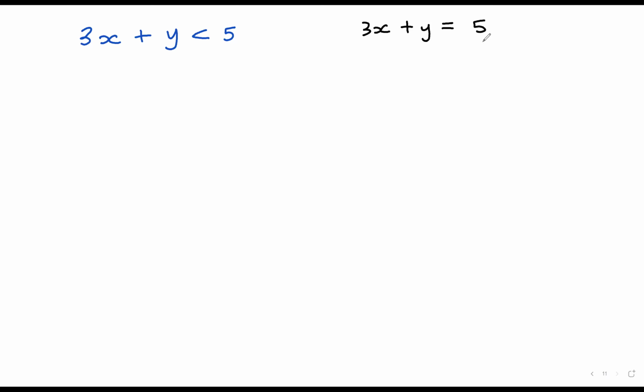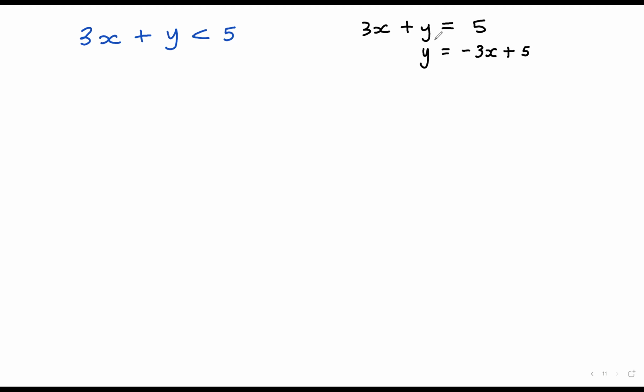So if I'm looking at the line 3x plus y is equal to 5, I'm going to write this in the form y is equal to mx plus c. So y is equal to negative 3x plus 5, because I want to make y the subject.